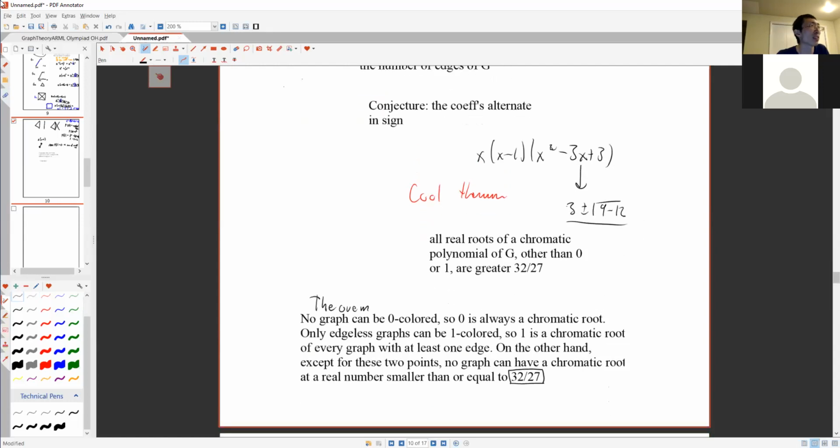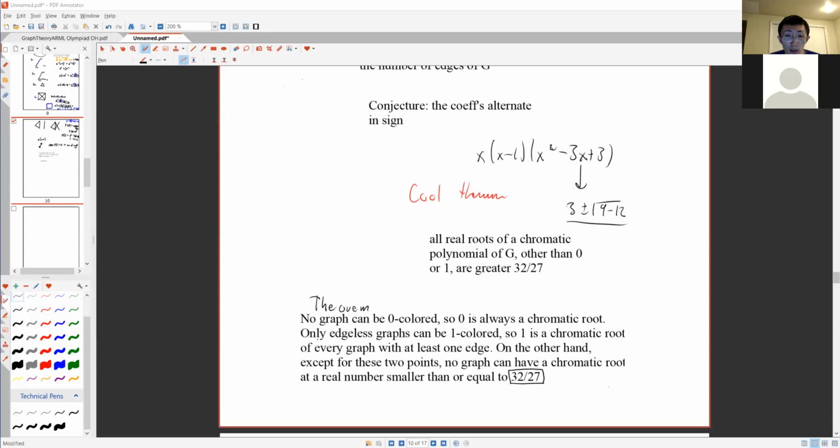Maybe I should link where I saw this so that you can read about it on your own too. Yeah, so if you look right here, under the chromatic roots part, it says something about the 32 over 27 number.